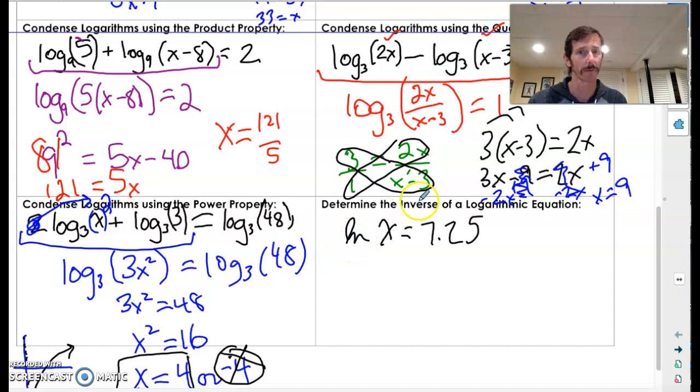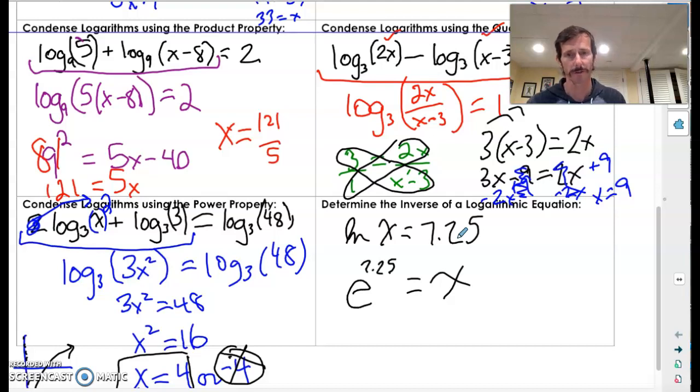It's just a natural log, but I'm still going to do the inverse. I'm going to rewrite this as an exponential. So that means I'm going to write it as the base, which is e, to the 7.25 power, and that equals x. And that is my answer.